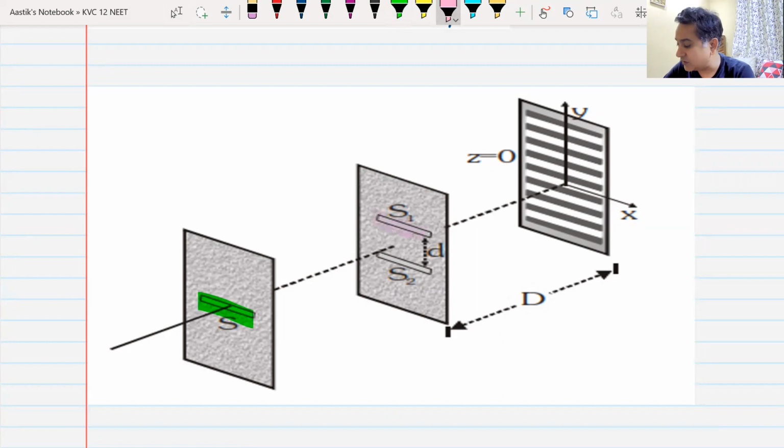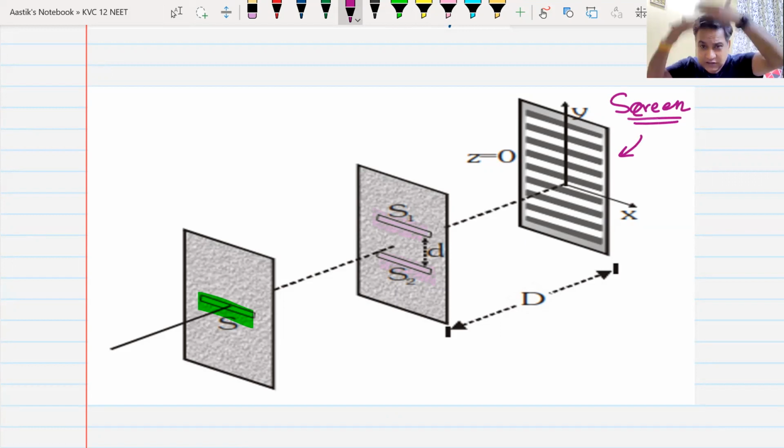These are my daughters, S1 and S2, two coherent sources separated by a distance d. And then I have this screen here, and we have this pattern that comes on this screen because of interference of the two daughter waves.